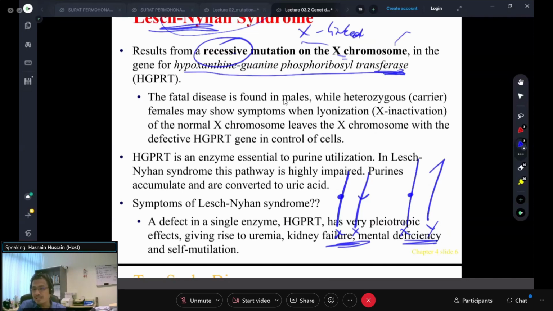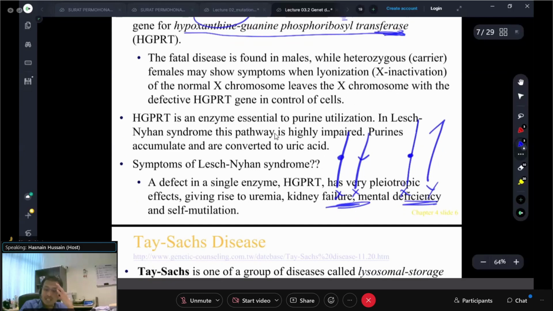But if a male is hemizygous like this, only one copy defective, then this will cause the disease or disorder, even though only one copy is defective, because there's no other one. Okay, so that is the defect that can cause Lesch-Nyhan syndrome.